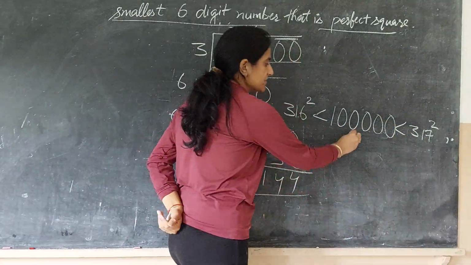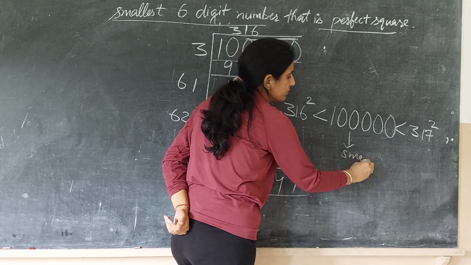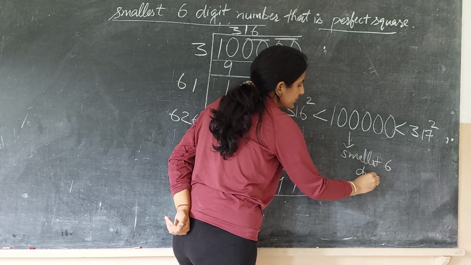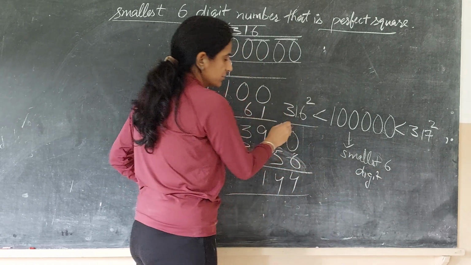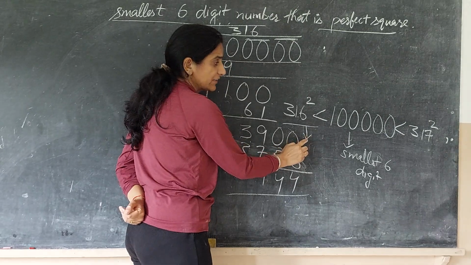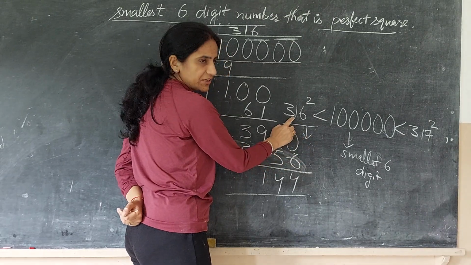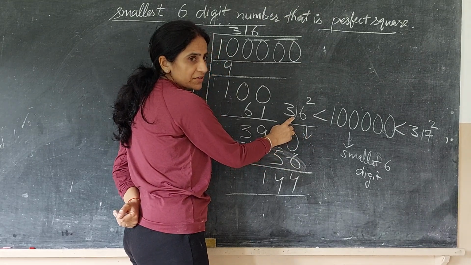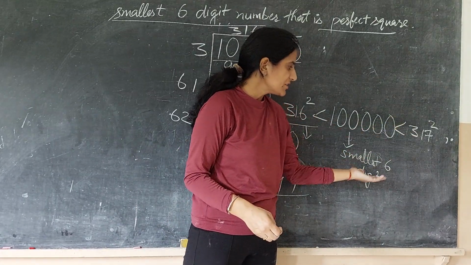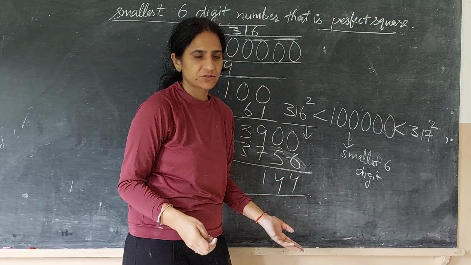And as it is the smallest 6-digit number, the number before it is going to be the greatest 5-digit number that is a perfect square, and this is going to be the smallest 6-digit number that is a perfect square. Why?